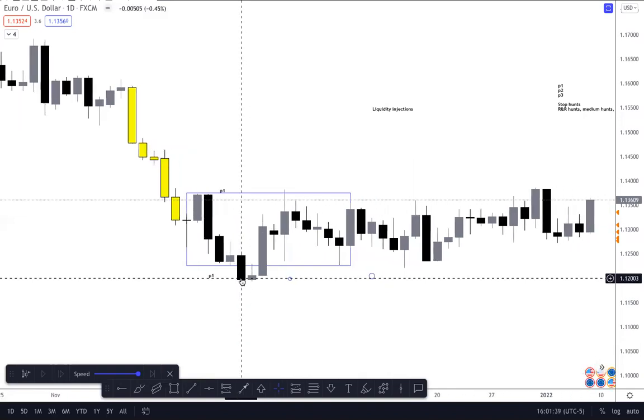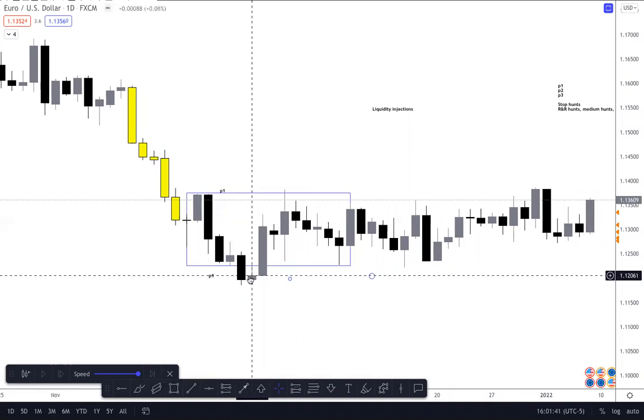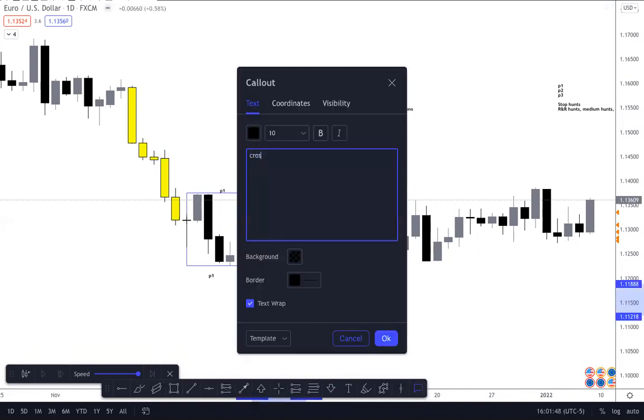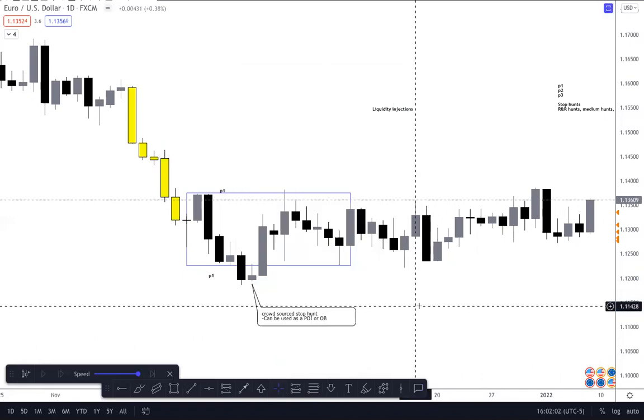If we have 1 to 3 candle closures outside of the injection, that is considered a crowdsourced stop hunt. Now, what can a crowdsourced stop hunt do? It can be used as a POI or an order block.